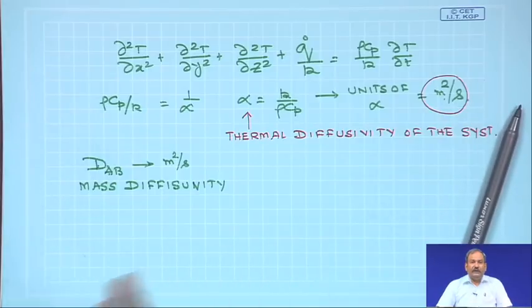In the same way, diffusivity tells us how fast a species molecule will travel from one point to another. So, the higher the value of diffusivity, the faster it would travel to a given location. Similarly, thermal diffusivity would tell us how fast a temperature front will propagate through the solid to reach another point far from the original point. So, conceptually, the thermal diffusivity and the mass diffusivity are going to be the same.